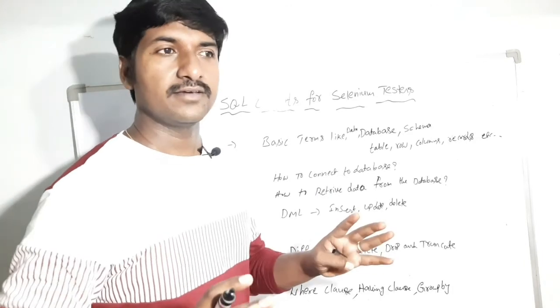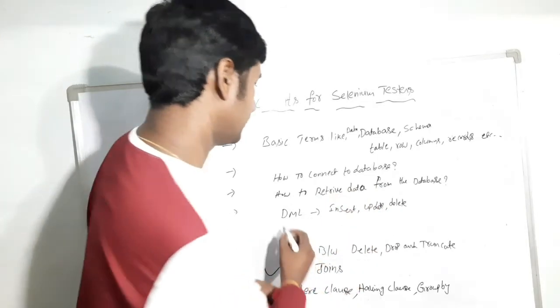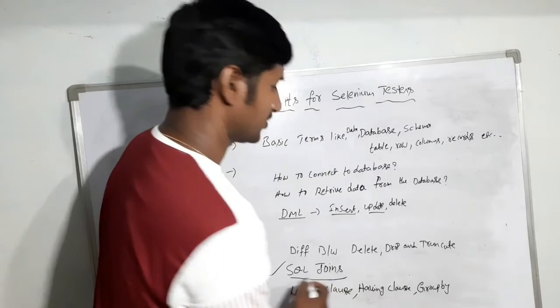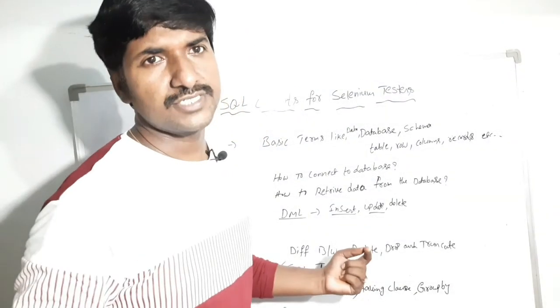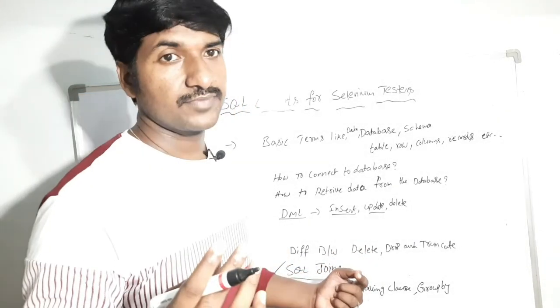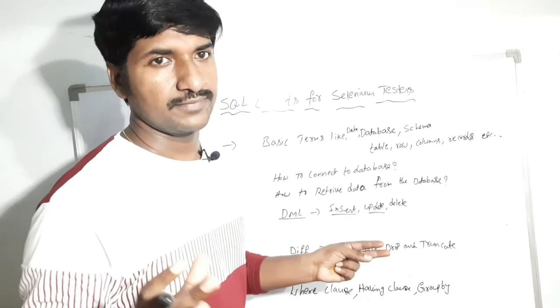Mainly the regularly used SQL concepts are DML operations like insert and update, and SQL joins sometimes. If you are a database test engineer, you have to learn views, triggers, stored procedures, and a lot of other things.